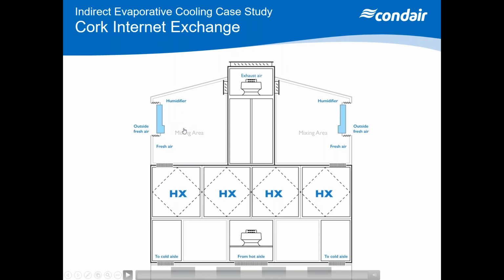So that cooled air then goes down through a damper and then over a pair of heat exchangers. It comes down over this heat exchanger, then over this heat exchanger, and cools those heat exchangers, and then is exhausted up through this duct, or indeed is taken back into the mixing area, depending on the temperature requirements in the space.